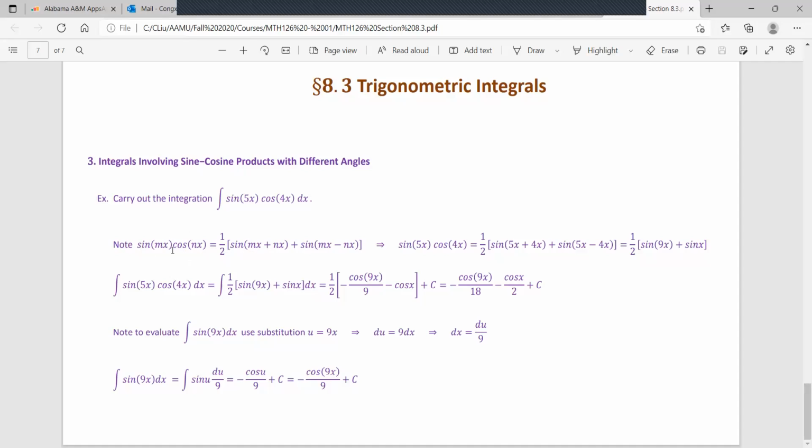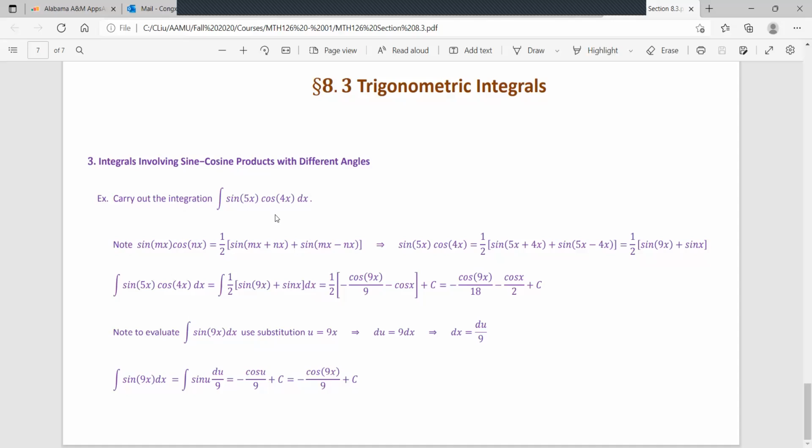So we have a lot of trig identities, and that's another one. Then we can rewrite this sine cosine product with different angles into a sum of two sine functions.